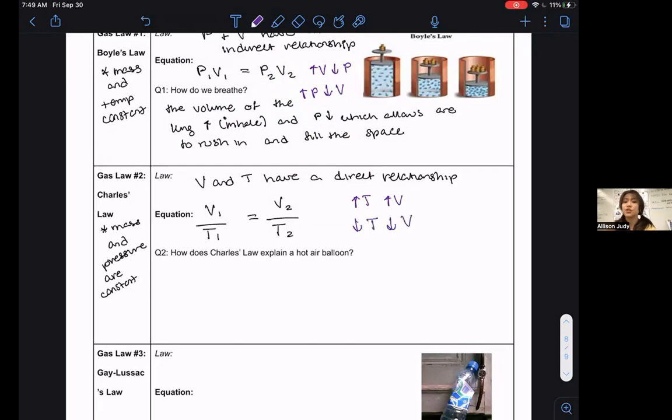That might make more sense, because if I increase temp, my particles are moving faster, which means they're going to want to take up more space and spread across space faster. But if I decrease temperature, my particles are moving slower, so I'd be less able to expand in general and take up space.